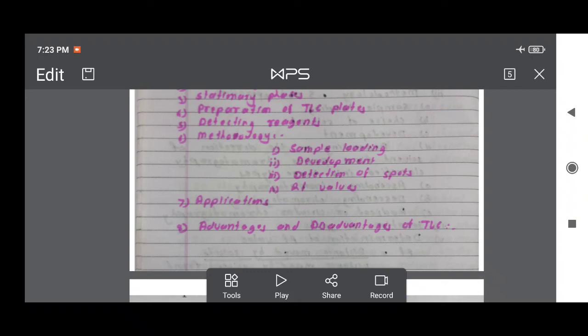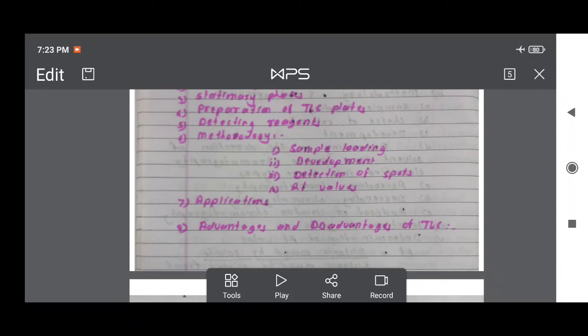The jar is closed to make it airtight. This is similar to paper chromatography. As the solvent moves upward by capillary action, the solutes of the mixture separate for reasons discussed earlier. When the solvent front reaches the required height, the plate is removed and the solvent front is marked. Next it is dried by exposing to atmosphere or in an oven.